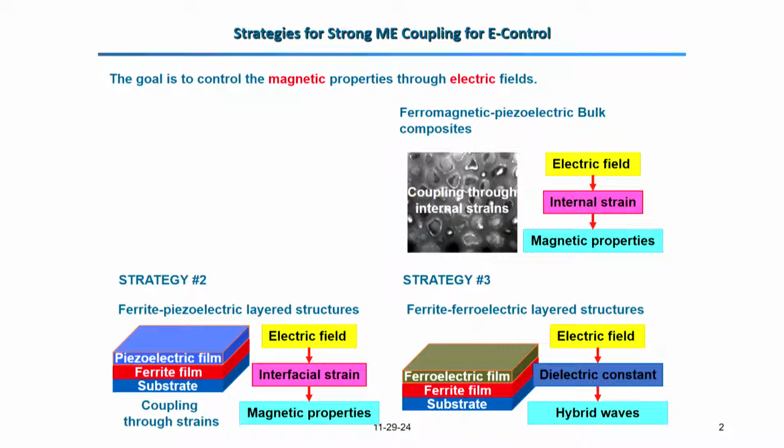The advantage is the hybrid waves can be tuned over a wide frequency range compared to pure ferromagnetic resonance. So, we will discuss devices based on both ferromagnetic resonance as well as hybrid waves.